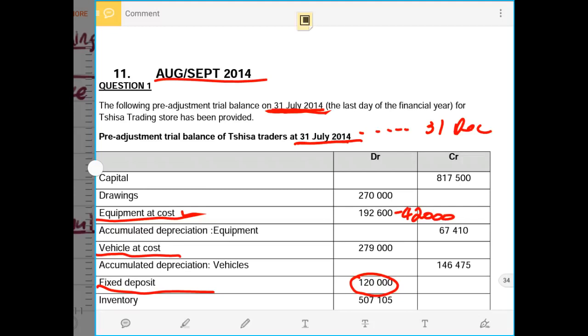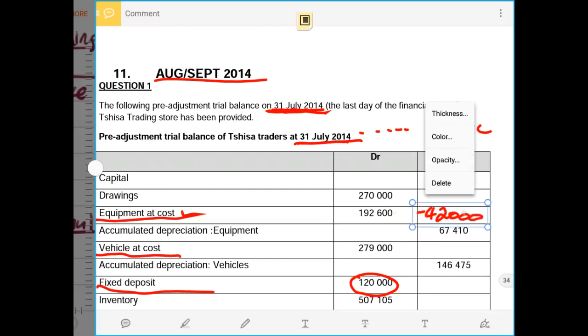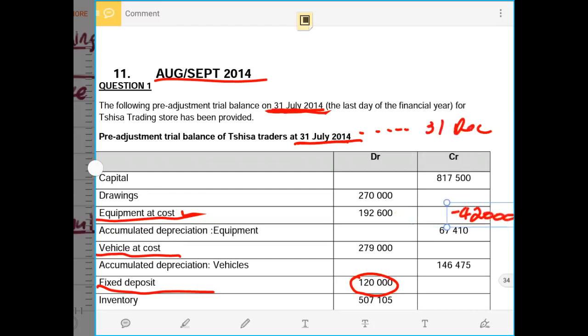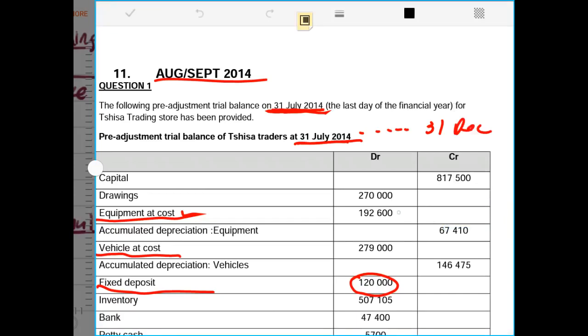If you do that, you get 150,600 rands. So now this is the cost of the equipment that was in the business by the beginning of the current year.